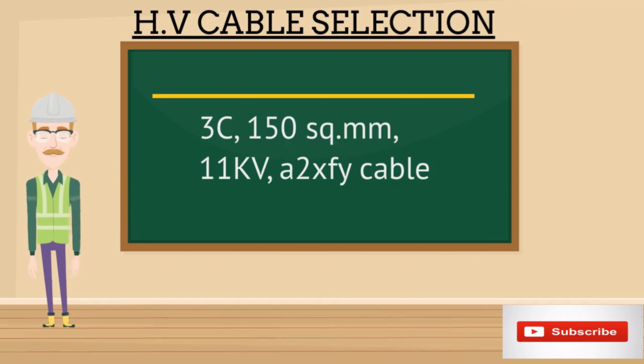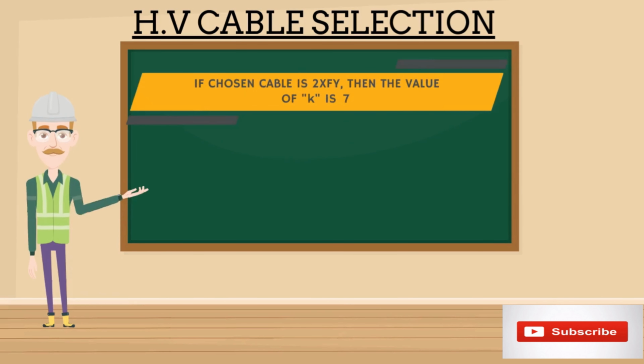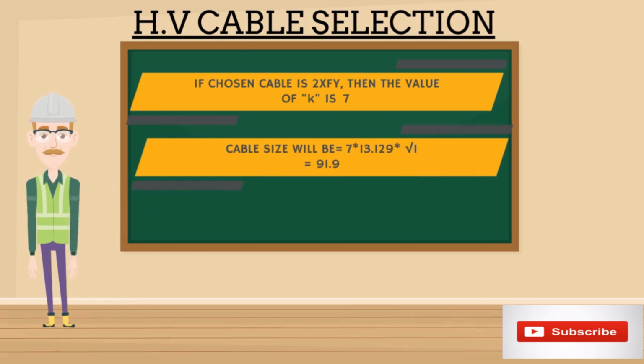And as you know, we don't have such size cable, so we will select the immediately available next size, which is 150 square mm. If we choose 2XFY cable as the primary cable, then the value of K will be 7, and by applying this to the equation, the selected cable would be 95 square mm cable.